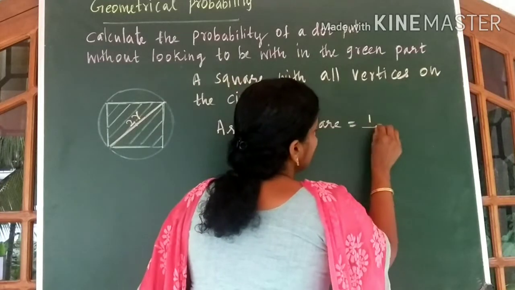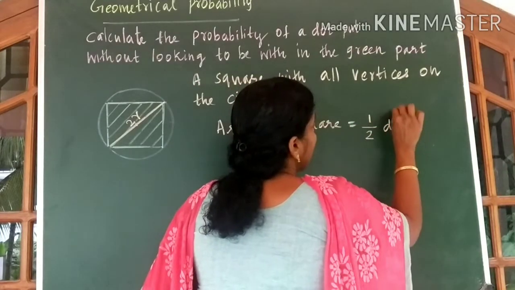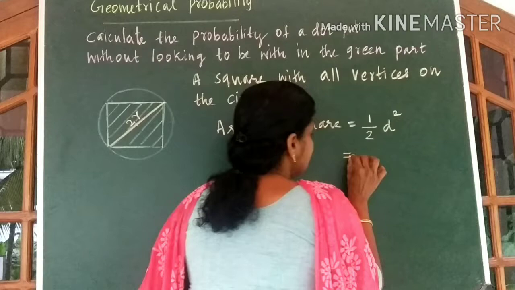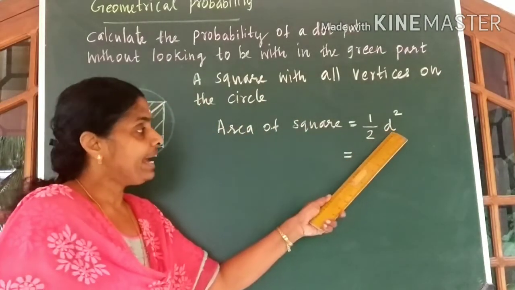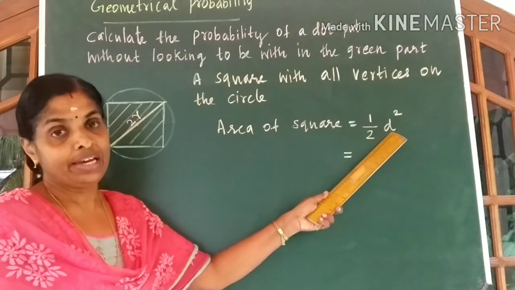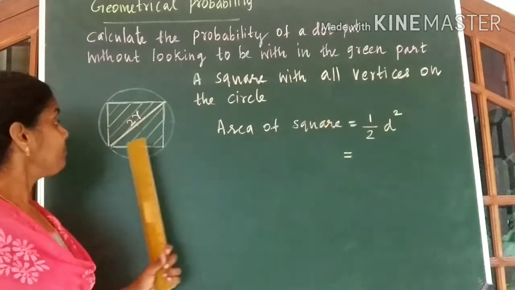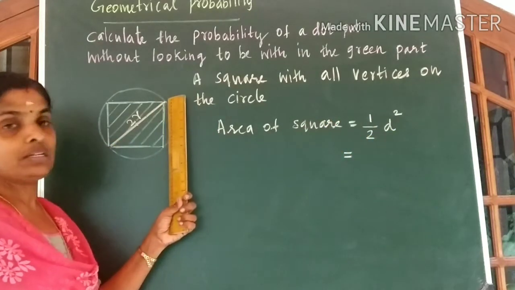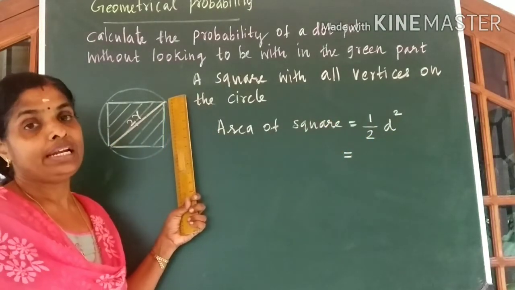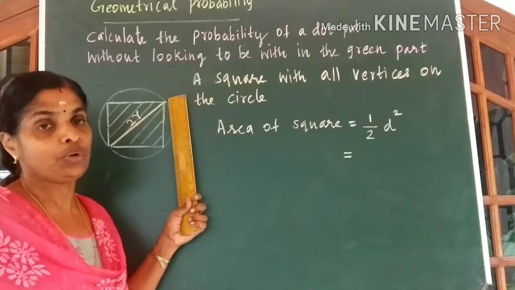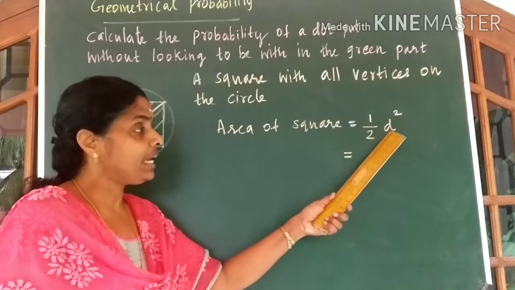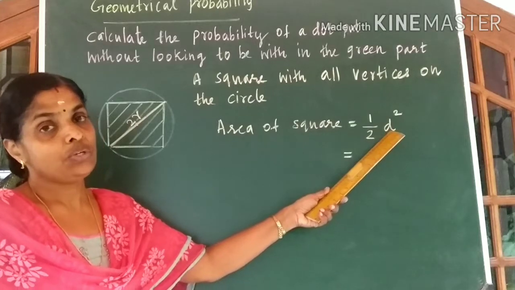So I am using the second formula, half d square, that is equal to, now diagonal of a square is nothing but the diameter of this circle. We know diameter is equal to 2r. So this d can be represented as 2r.